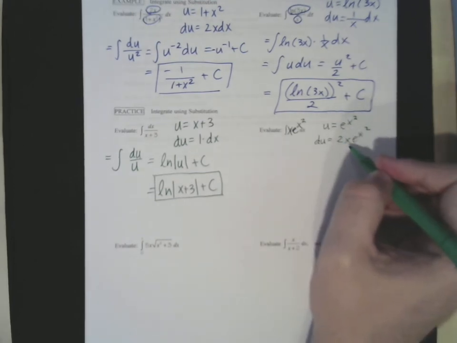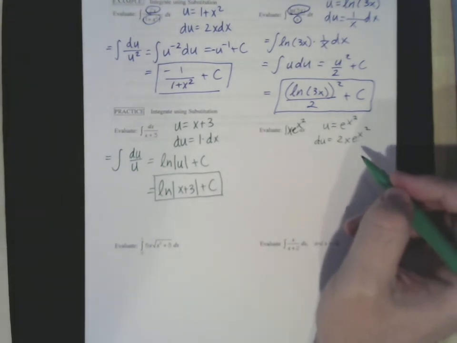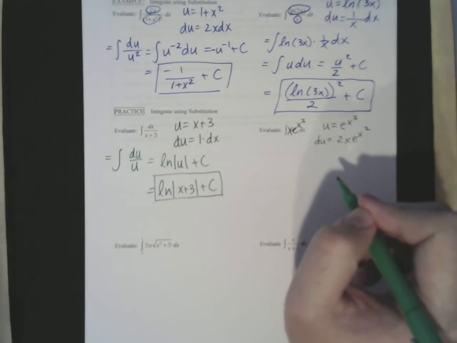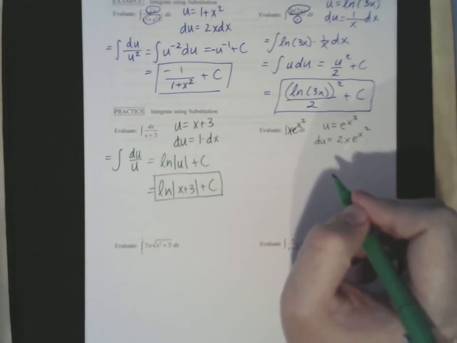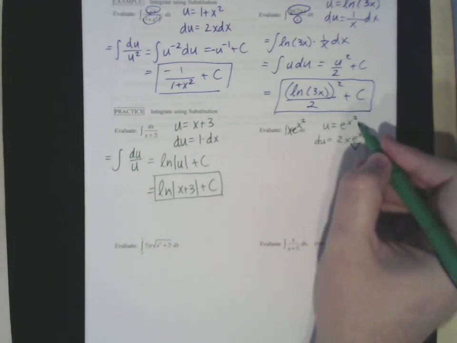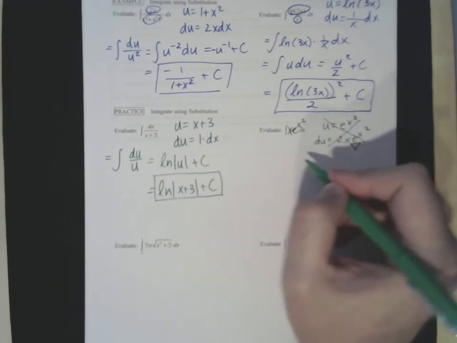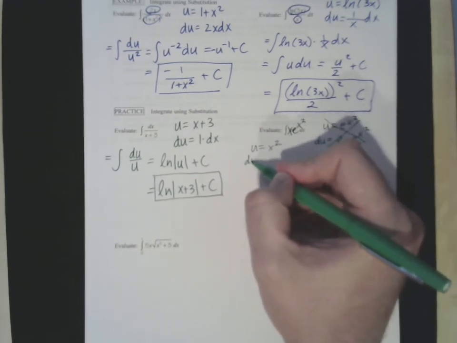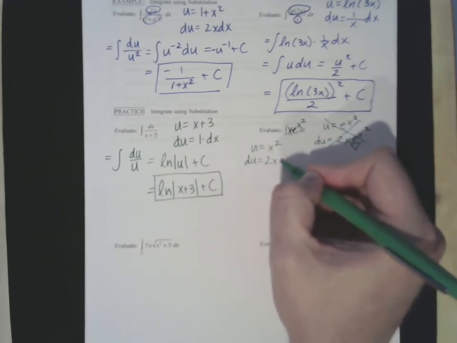But we don't have 2x e to the x squared. So there is a way to do this, but we don't have this piece. So instead, let's pick u equal to just x squared, and then du equals 2x dx.